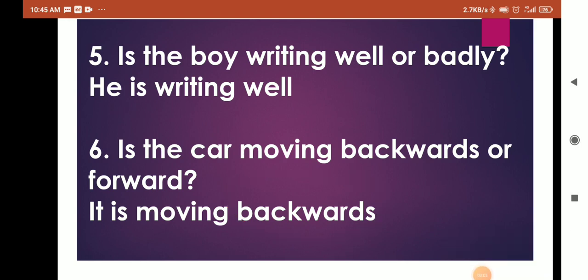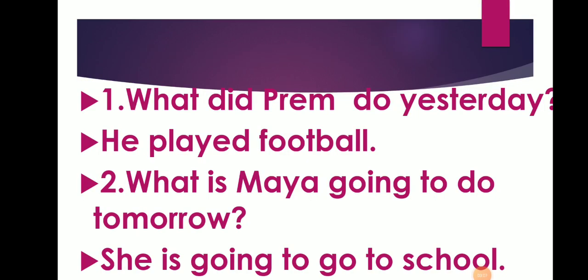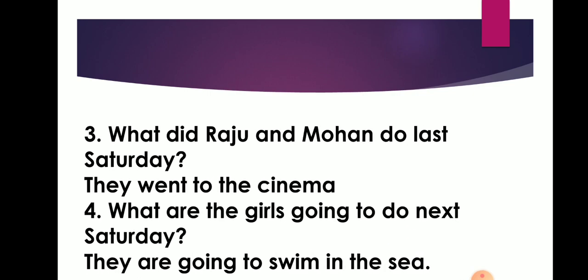Okay. Next is: what did Prem do yesterday? Here we have to do it on our own. He played football. Next: what is Maya going to do tomorrow? The answer is she is going to go to school. Now the next: what did Raju and Mohan do last Saturday?